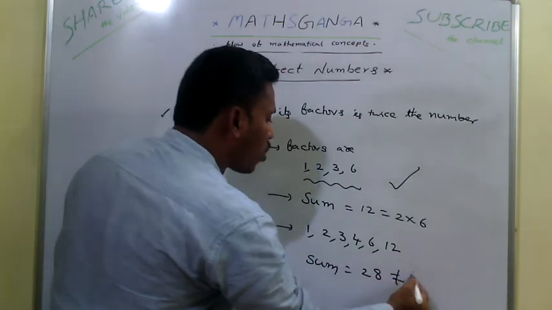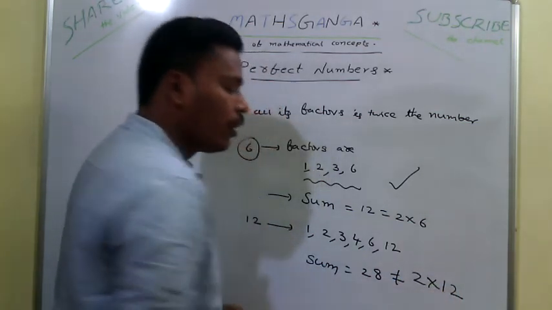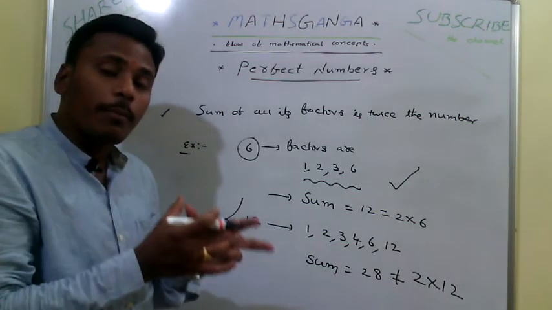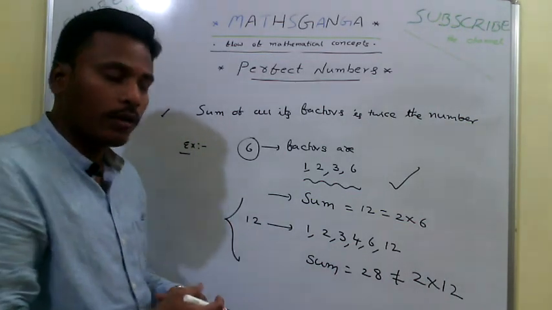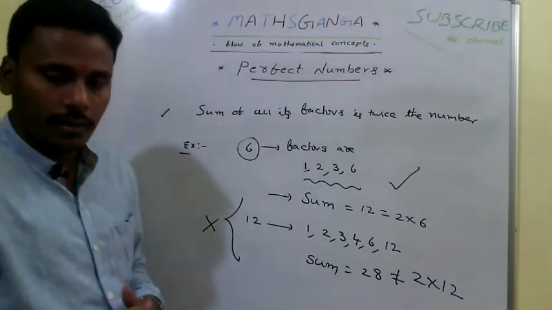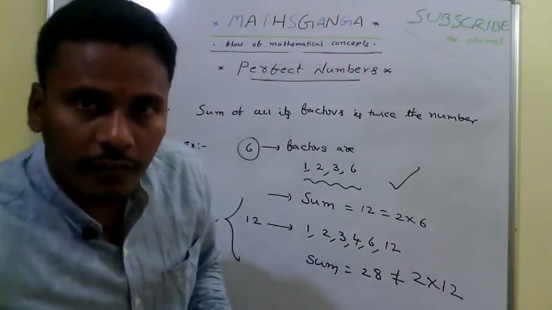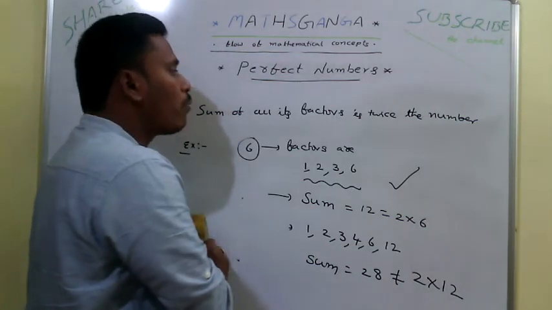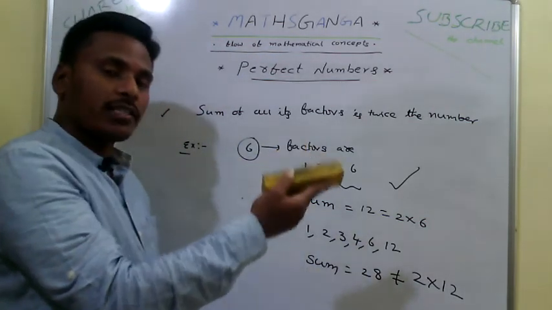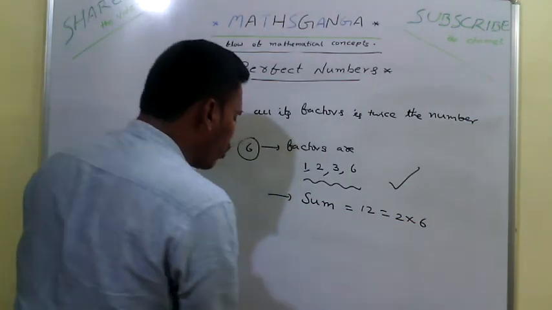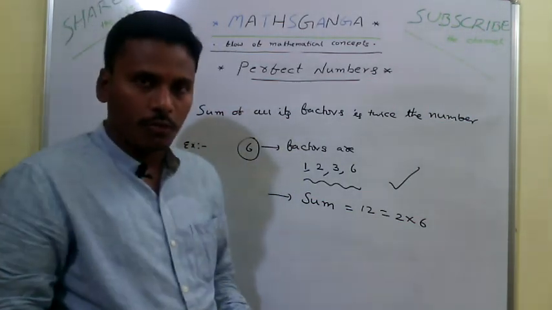This 28 is not equal to 2 into 12. So the sum of all the factors of 12 is not twice 12, so this is not a perfect number, whereas 6 is a perfect number. Finally, a perfect number is a number for which the sum of all its factors is twice the number. For example, 6 is a perfect number, and we are going to discuss different perfect numbers now.